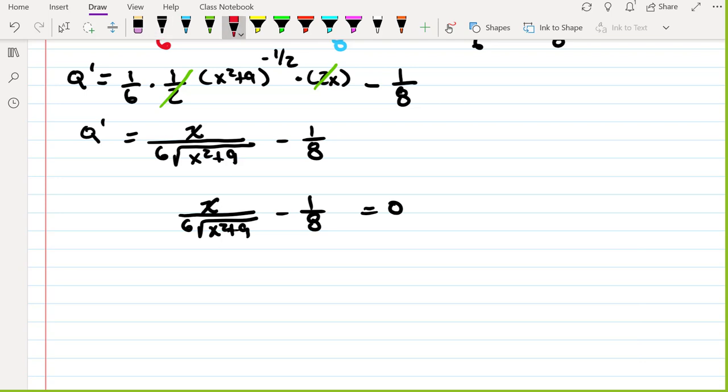We clear our fractions by multiplying by 6 times the square root of x squared plus 9, which is our LCD. So in the first one, all the denominators reduce out. In the second one, the 6 and the 8 are going to reduce to 3/4.